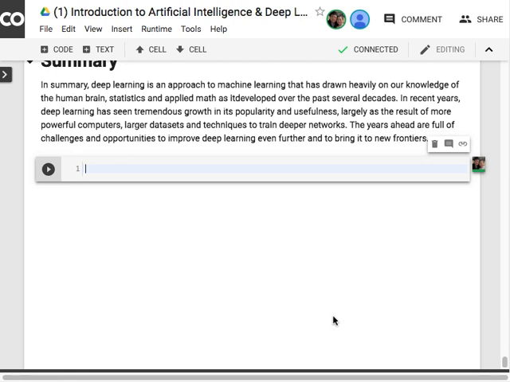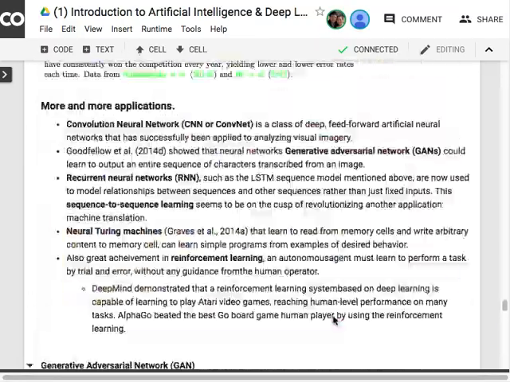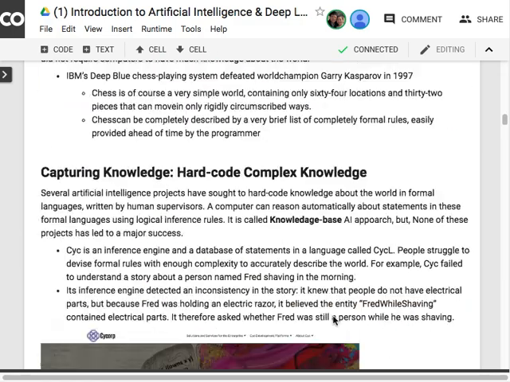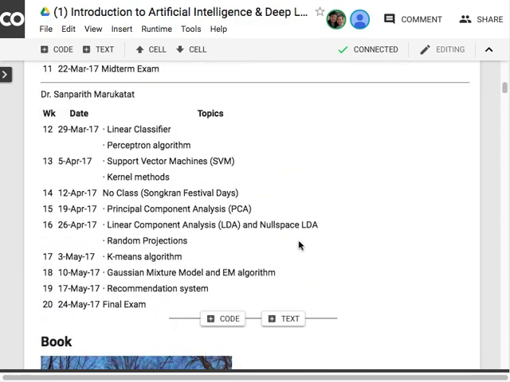Next week I will start teaching linear classifiers and regression algorithms. It requires knowledge of linear algebra.